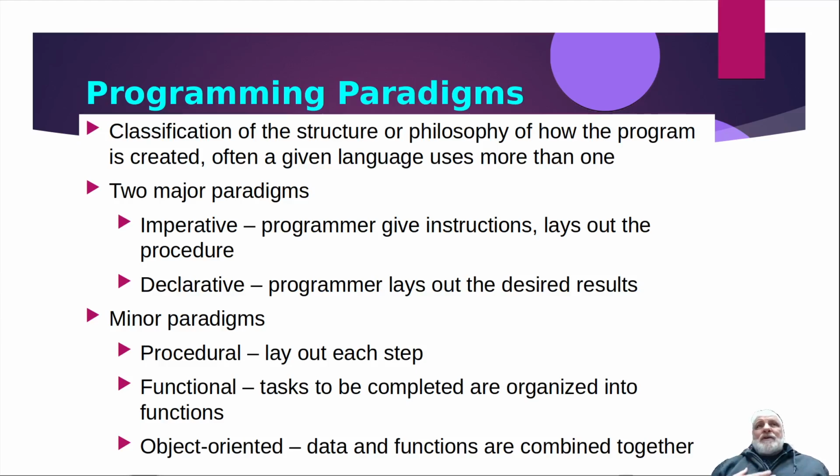All right. There are a couple of paradigms when you're talking about how to create or structure a program. You can think of this as a philosophy about how the program is going to be built or how it's going to run. One paradigm is what they refer to as imperative, which means the programmer gives the program instructions and lays out the procedure.